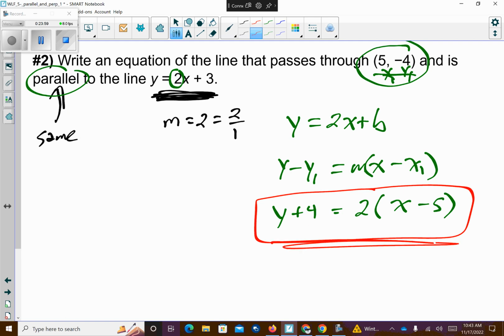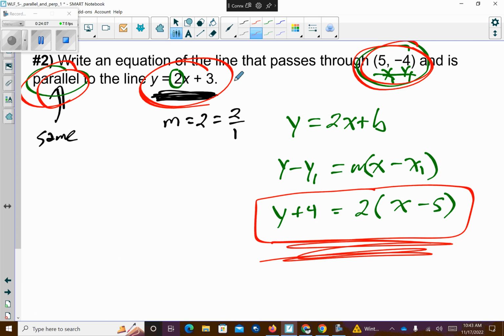This goes through this point and is parallel to this equation. This equation here does not go through (5, -4). So we just throw that 3 away, because we're just going to use the equation to take the slope from it, and that's it.